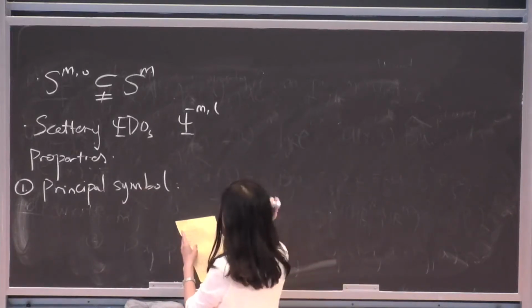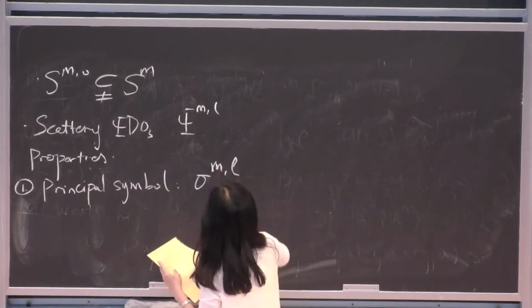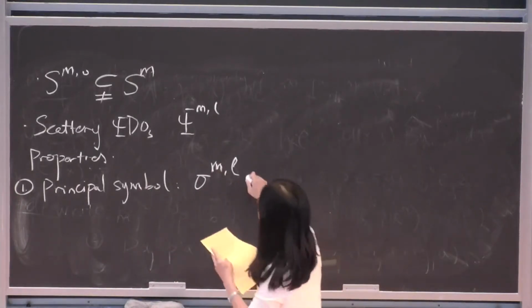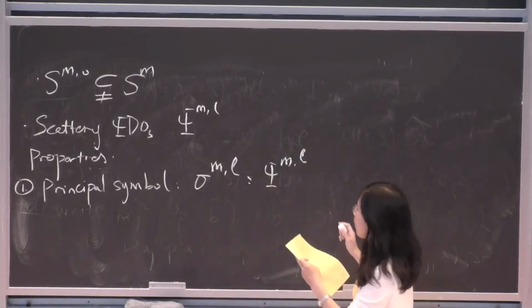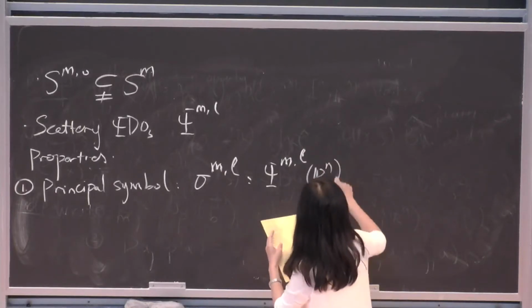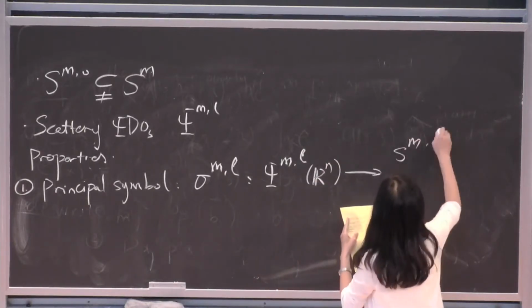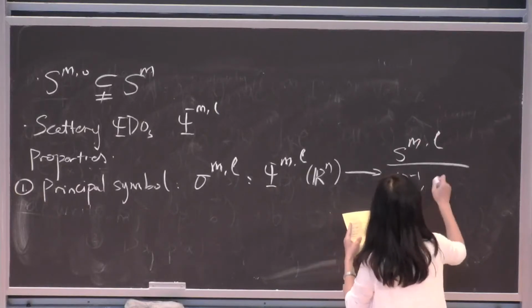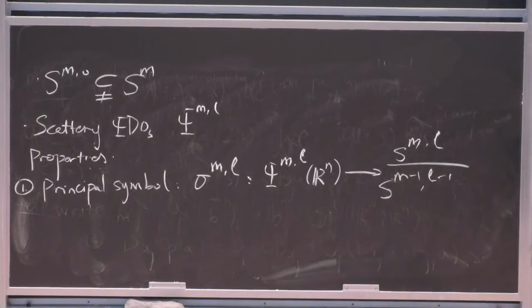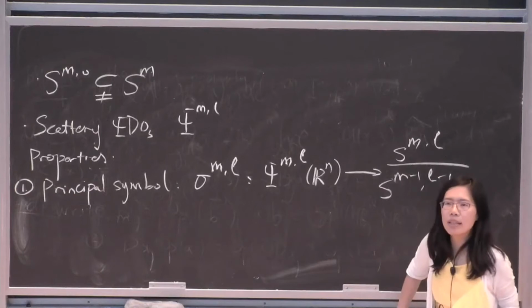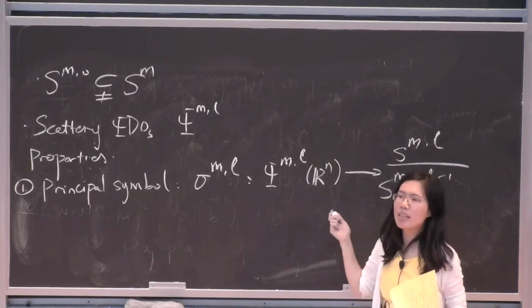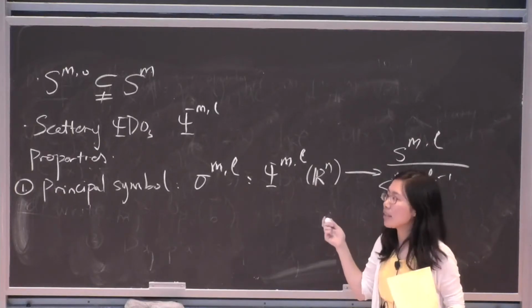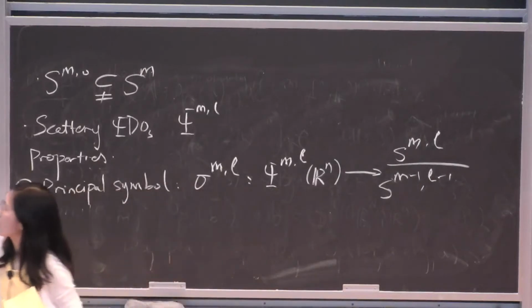I'll write it as sigma^{m,l}. This maps from the class of pseudo-differential operators of order m,l into the S^{m,l} quotient of S^{m-1,l-1}. Again, there is a similar asymptotic expansion you can do, but because the next term involves dx d psi, and because of the order here, x is also decayed by one order.